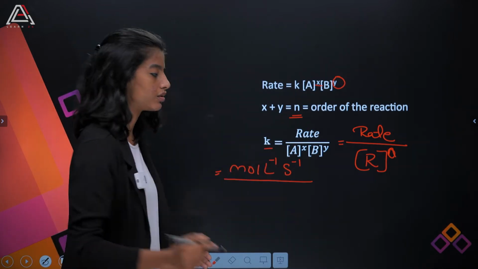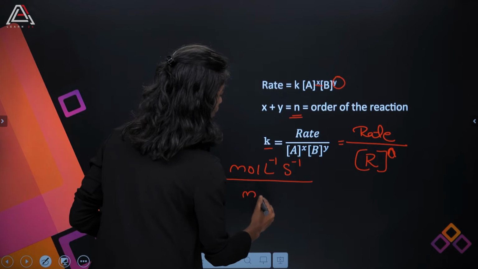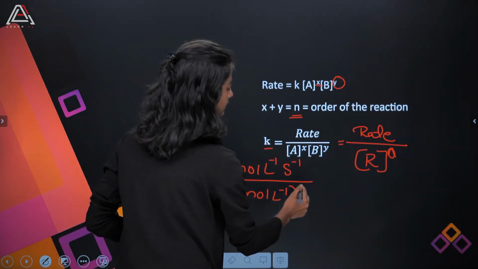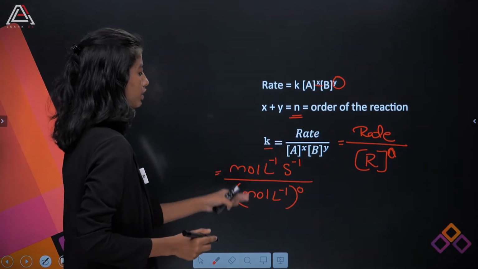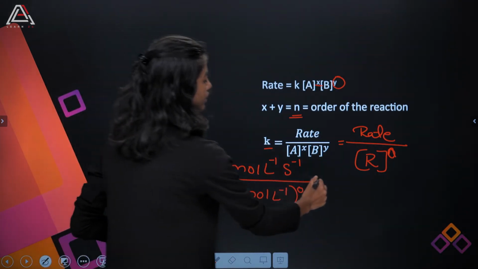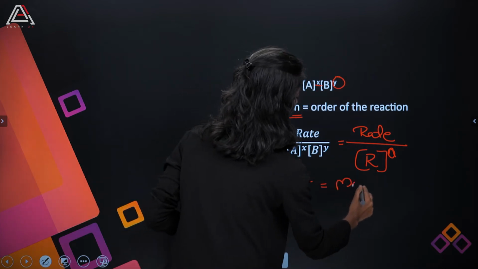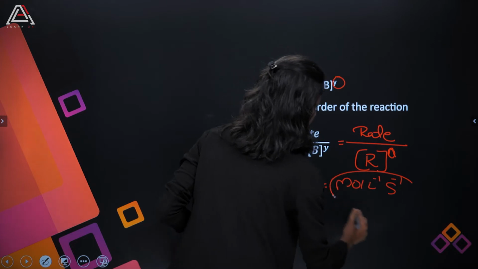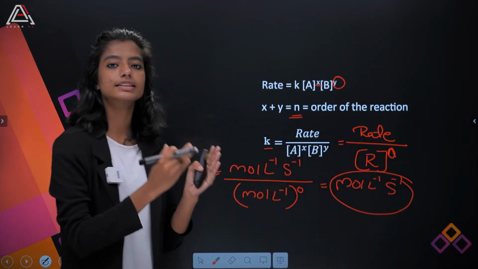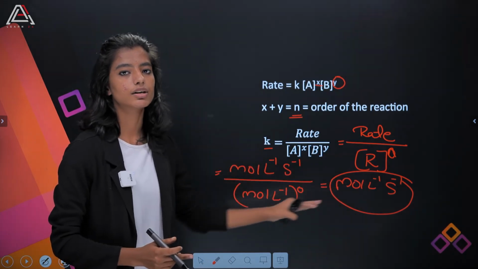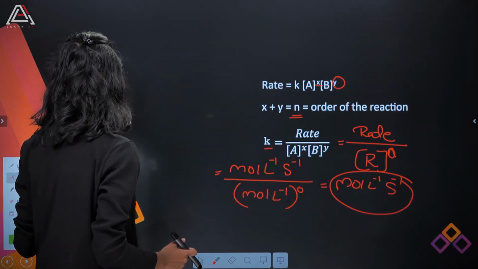So the unit of concentration is mole liter inverse power N, N is 0, right? So the concentration power 0 will give 1. So the unit of zero order reaction will be mole liter inverse second inverse. Always remember, the unit for a zero order chemical reaction is mole liter inverse second inverse.